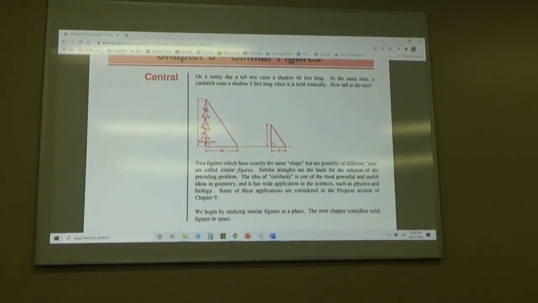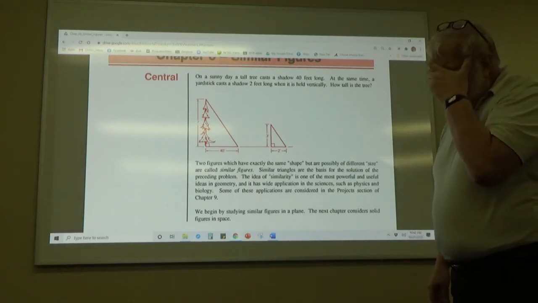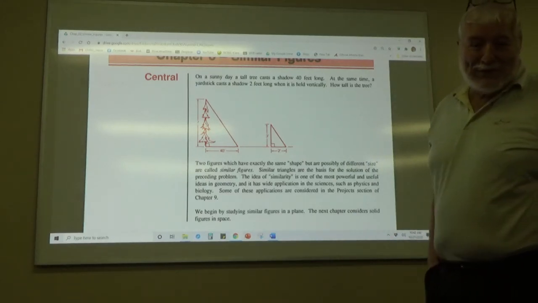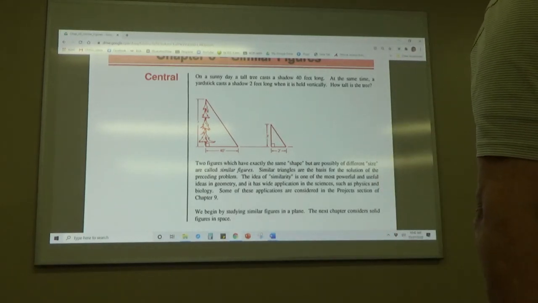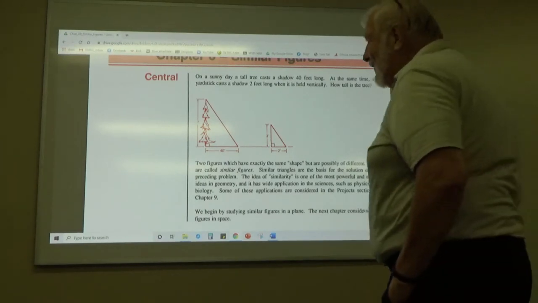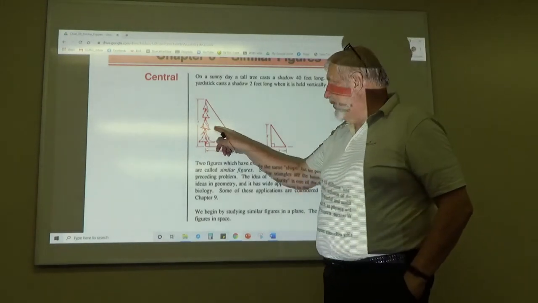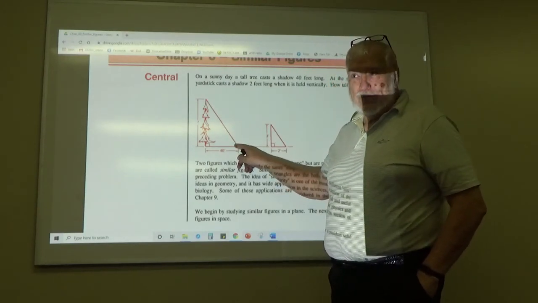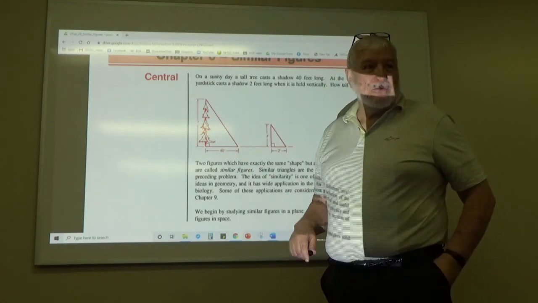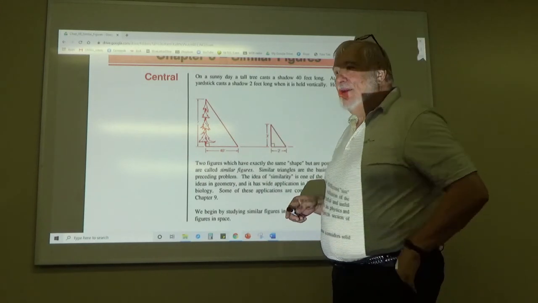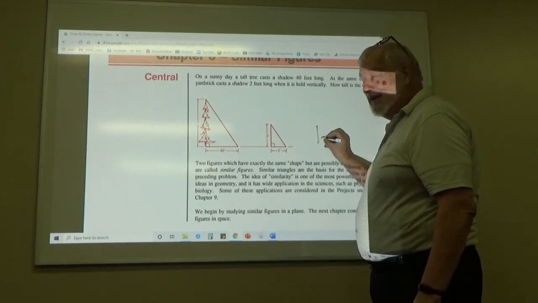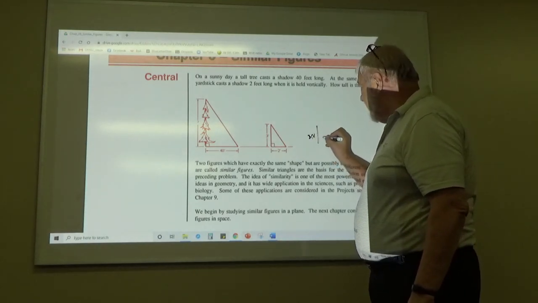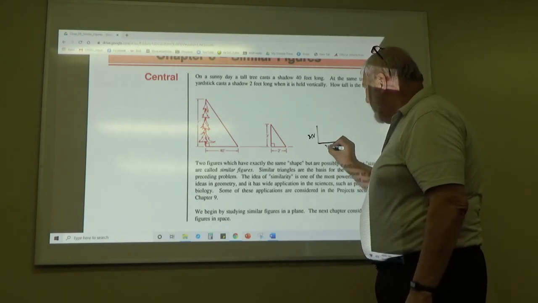Okay, so we're ready. This is the beginning of chapter 8, and I have a nightmare about this particular problem because we did this problem in 8th grade where we took a shadow of the flagpole at our school in the playground, and we had to wait until a yardstick, which was 3 feet, was casting a 3-foot shadow.